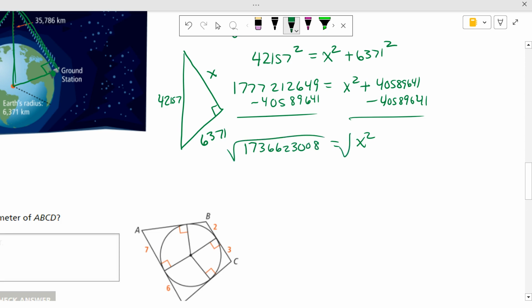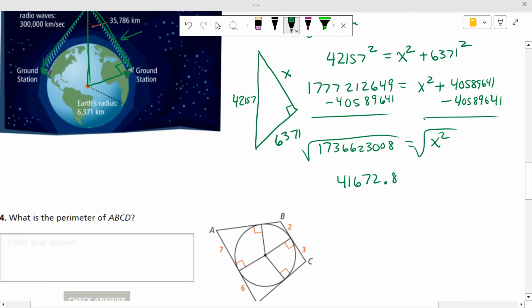And then we take the square root of that. 416.72. Okay, so that's just one side. And then the other side, we just multiply it by 2. And that's how far the signal goes. So then it is 83,345.6.